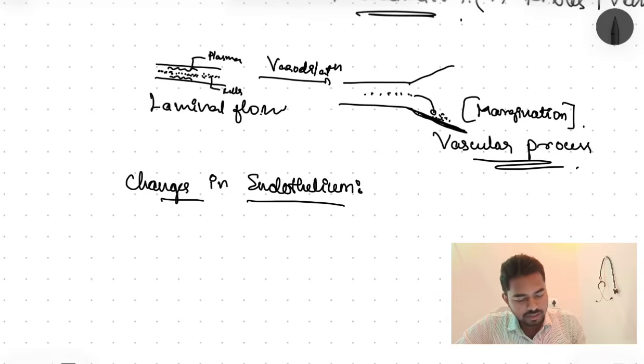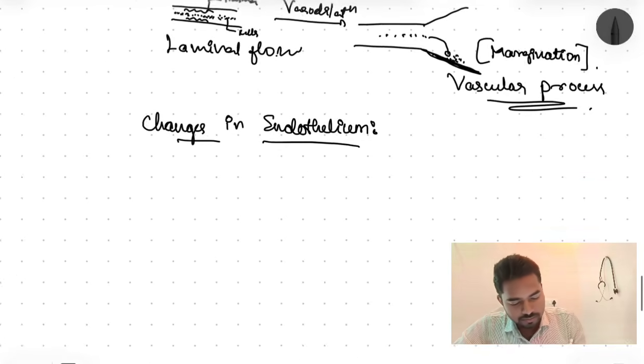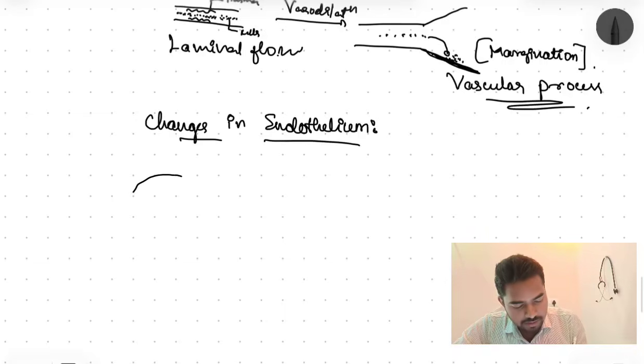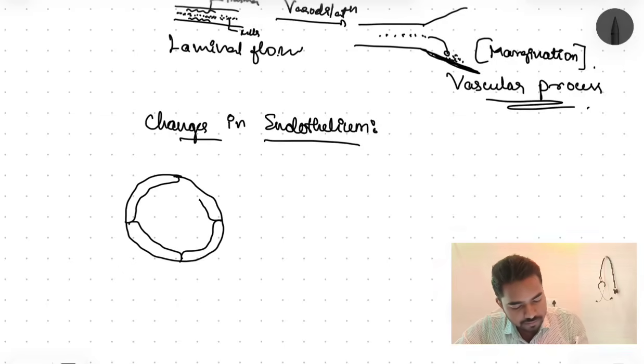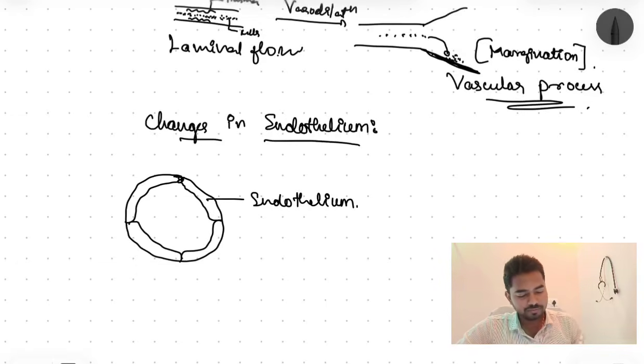Guys, previously, how was the endothelium? If this is a blood vessel, these are endothelium. This is endothelium, and this is the blood vessel.